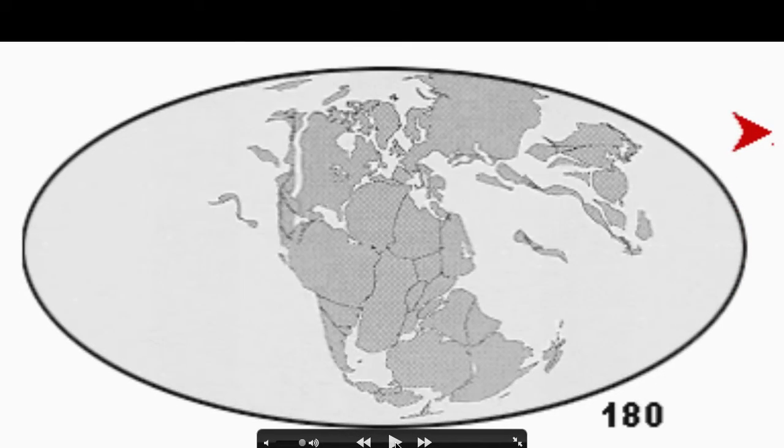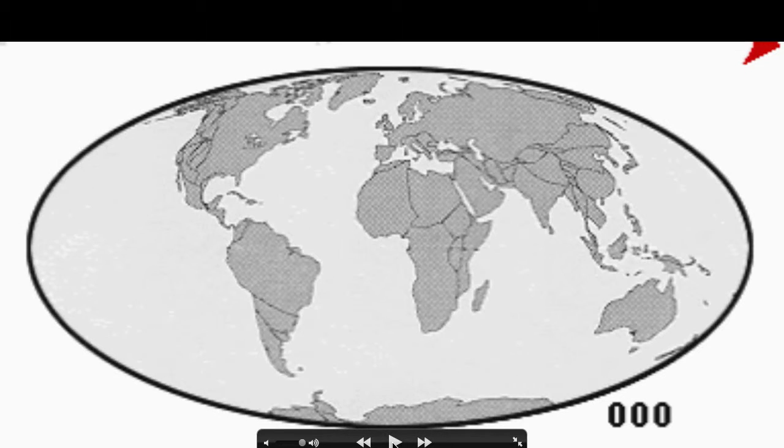A little over 200 million years ago, all of the continents were clumped together in one super landmass called Pangaea, and after that they moved apart so that you end up with what we have now: Africa, South America, North America, Australia, India, Eurasia.